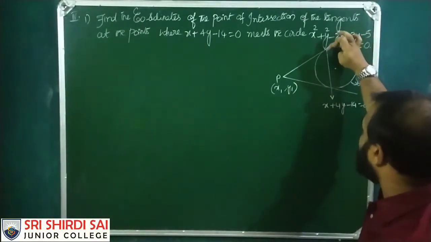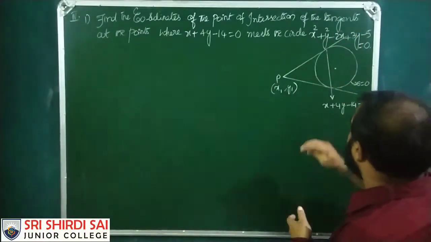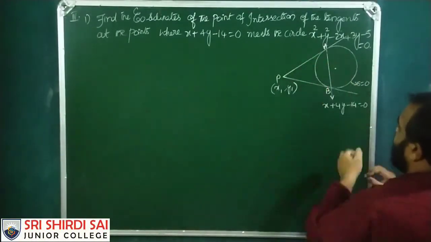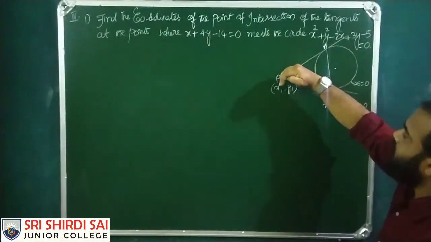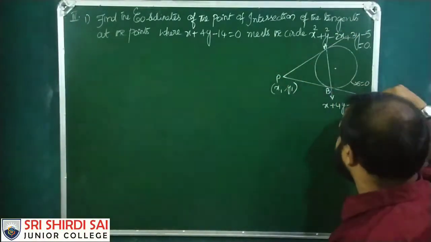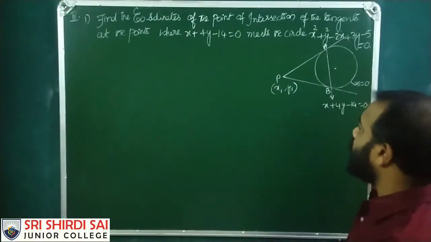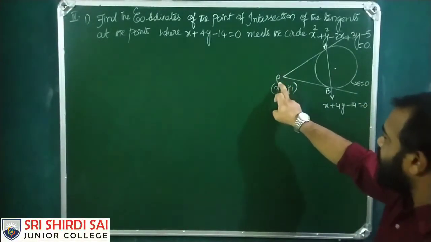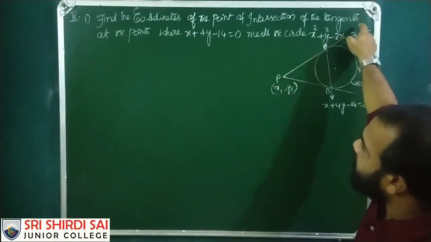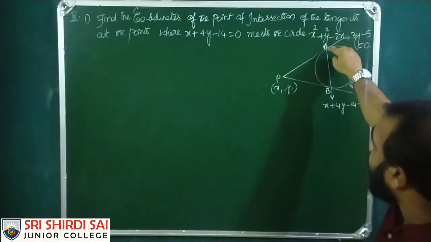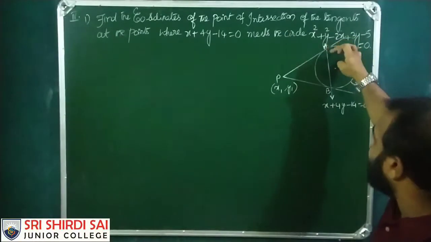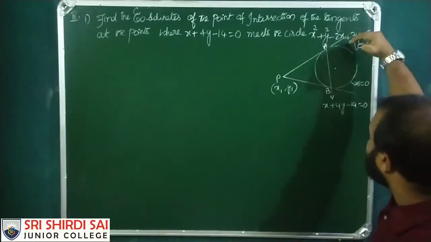Through these points of contact A and B, one tangent is drawn and another tangent is drawn. Let us suppose that these two tangents join at P. So what is this P? This P is the point of intersection of the tangents at the points where the line meets the circle, that is, the points of contact.